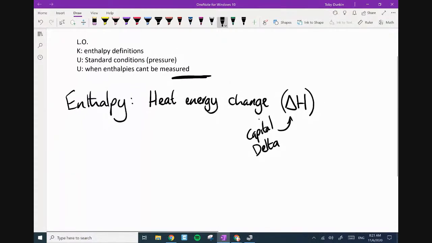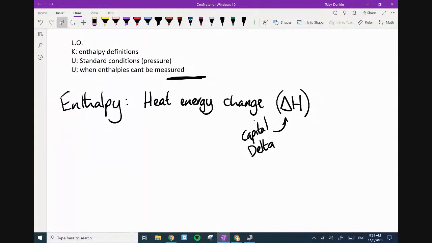Now the next thing to mention is that with enthalpy at this stage, we need to talk about the fact that in chemistry, we like to measure this. We are always attempting to see how much heat energy a reaction releases to the environment or absorbs from the environment.